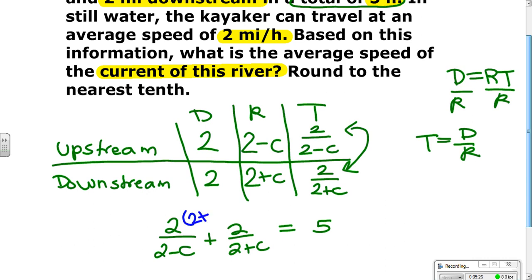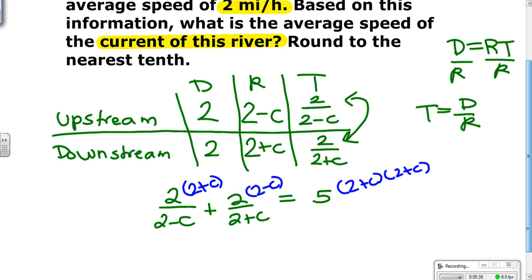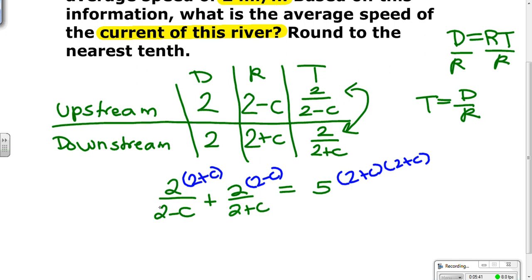So on this one, I can multiply by 2 plus c. This one, I can multiply by 2 minus c. And this, I'm going to have to multiply by 2 plus c, 2 minus c. All right, so therefore I now have common denominators, so I can get rid of that.